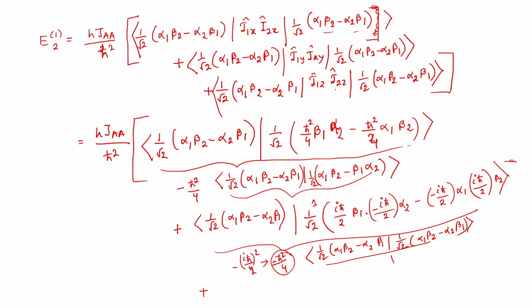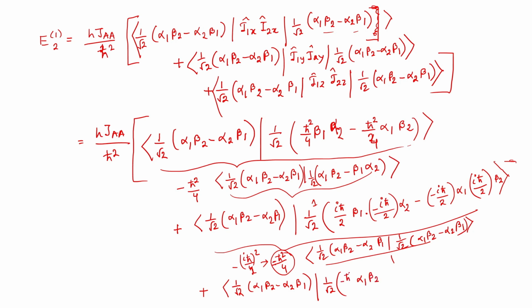And for the last part I will show you from here. See, Iz will work on alpha 1. So no, let me write it here. 1 by root 2 alpha 1 beta 2 minus alpha 2 beta 1, then 1 by root 2 take I1z, this is alpha 1 beta 2, right?